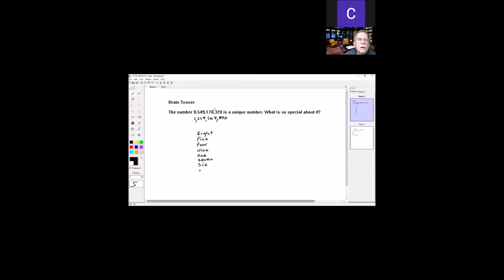We're looking at the wrong one. 7, 6, 3. 2. And 0. So, anybody see anything else that makes this a totally unique number? You can say it out loud now if you think you got an answer. No one?